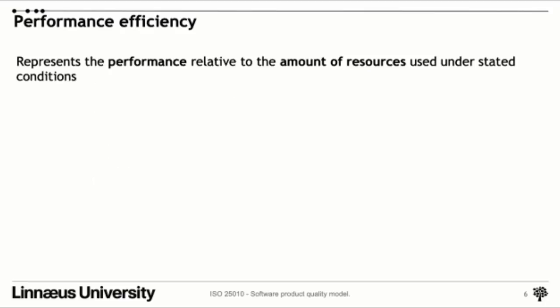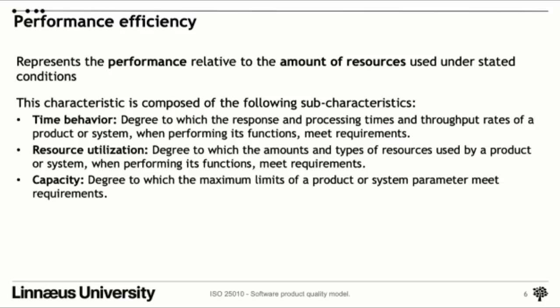Then we have performance efficiency. Also go very quick on this. This is composed of different sub-characteristics, which is time behavior, which is the degree to which the response and processing times and throughput rates of a product or system, when performing its functions, meet the requirements.